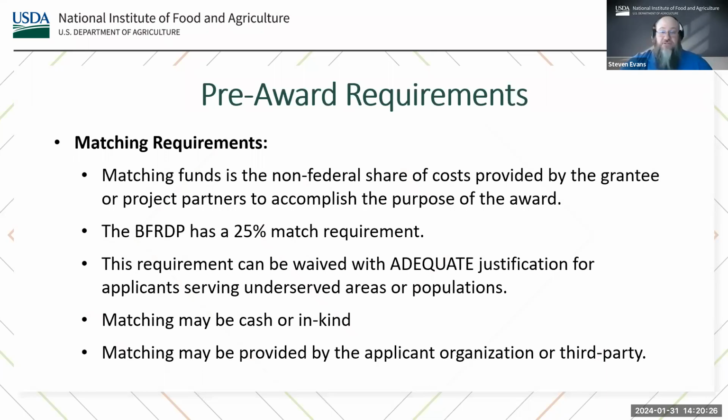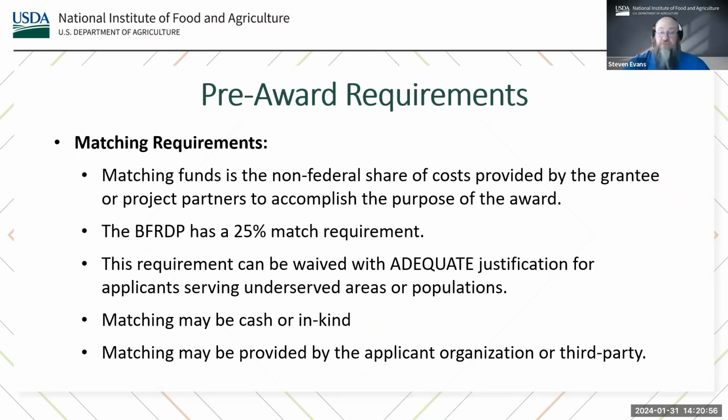So you already have been told a little bit about matching, and BFRD has a minimum matching amount of 25%. The best advice I can give is if you can request that waiver and you have a reason for doing that, request the waiver. Matching becomes an additional point of extra work you're going to have to keep up on. And it can be quite in depth the more people you have doing matching.